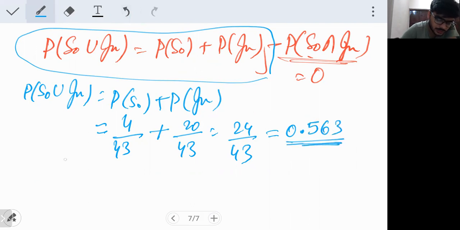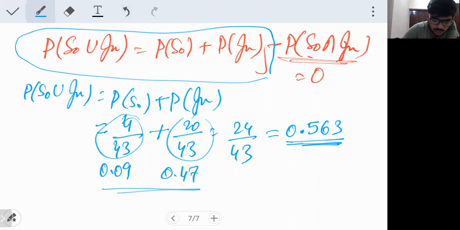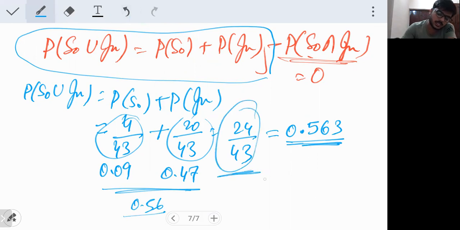And when we calculate the probability individually, this was equal to 0.09 and this was equal to 0.47. And we add up, this is equal to 0.56, right? We can calculate it and check whether it is close to 0.56, not exactly equal, but close to 0.56, right?